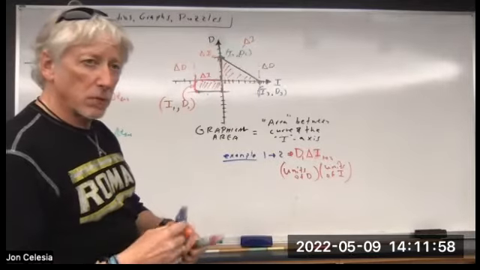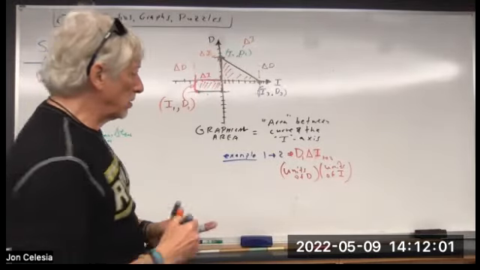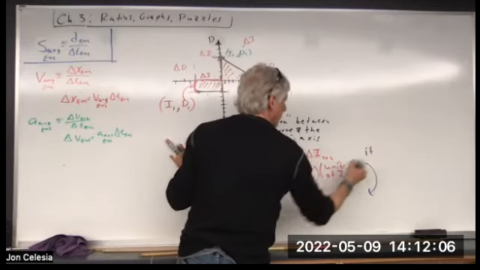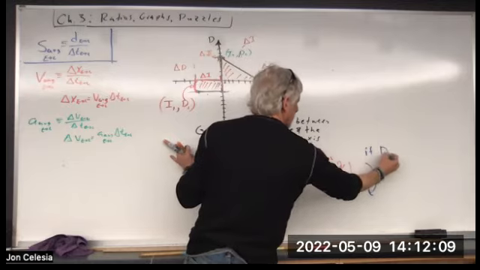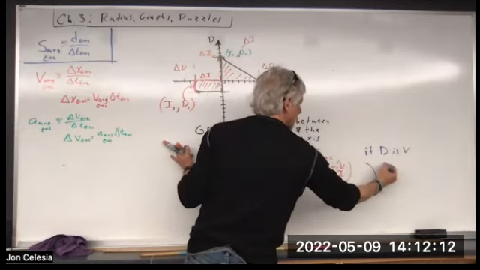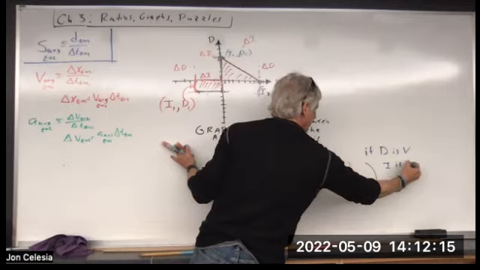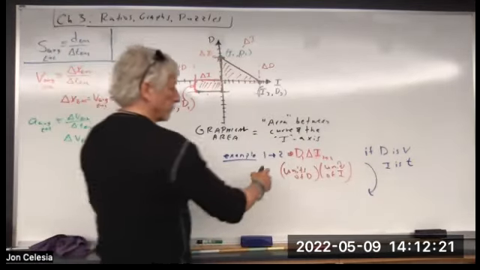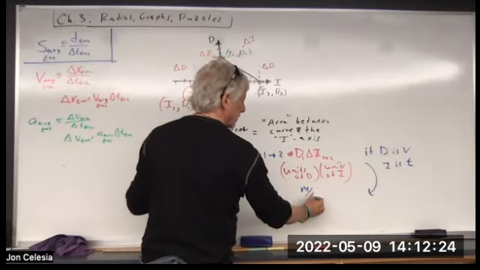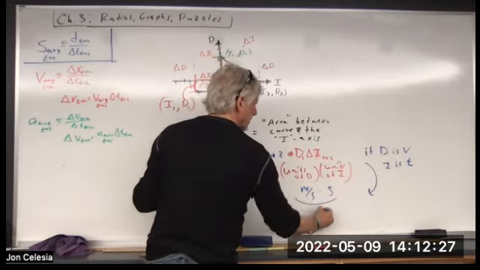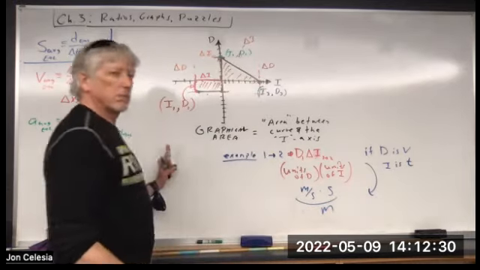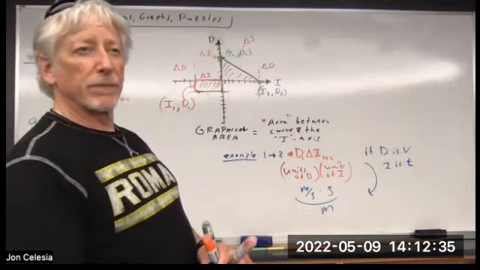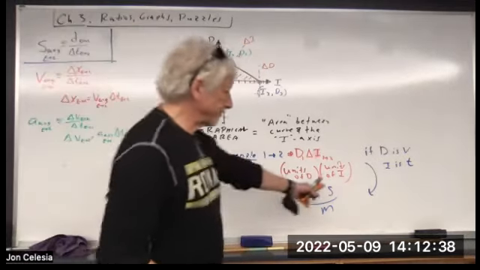For example, if D is velocity and I is time, meters per second times seconds gives meters, and that's going to be displacement. Oh, it's just meters because you cancel seconds. Yeah.